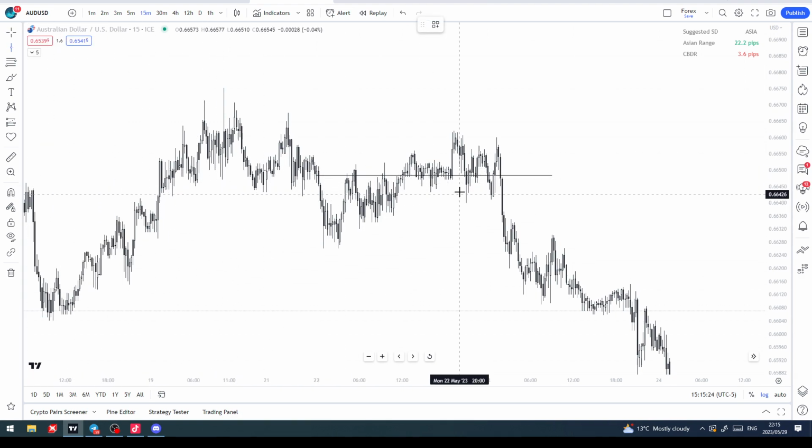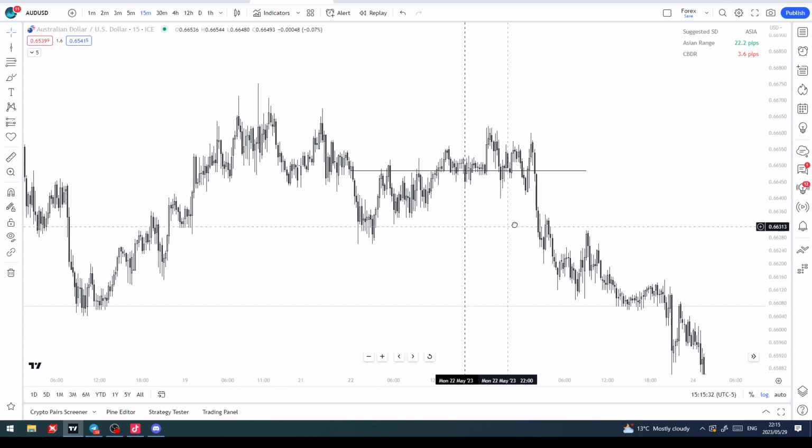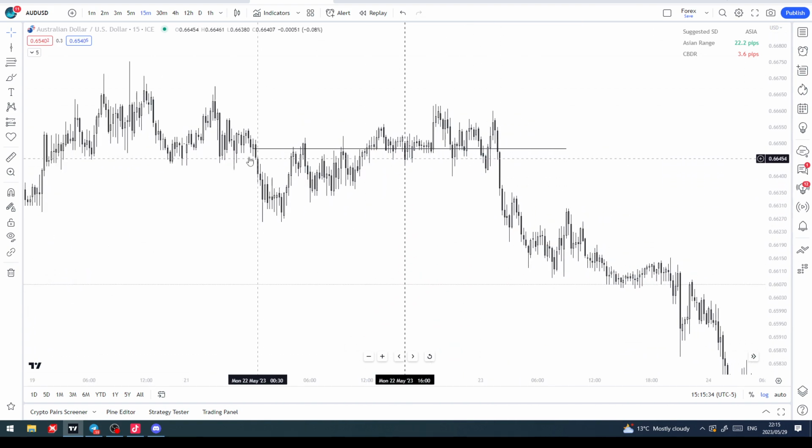The expectation is always before 4 p.m. New York time. That is the day that ANN uses, and it's all based around where will AUDUSD in this example close before 4 p.m. New York time on that specific day.